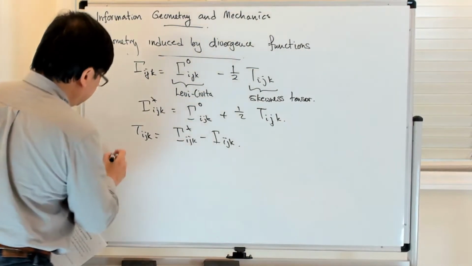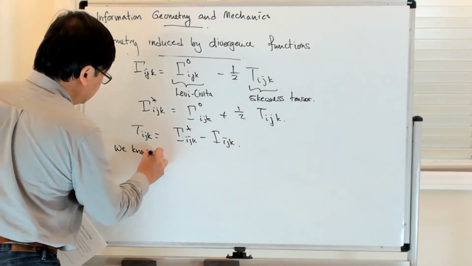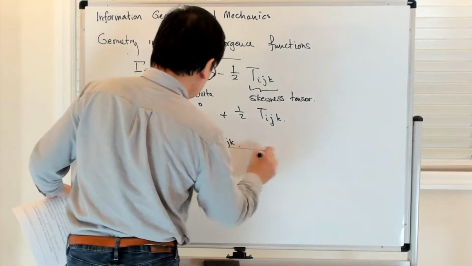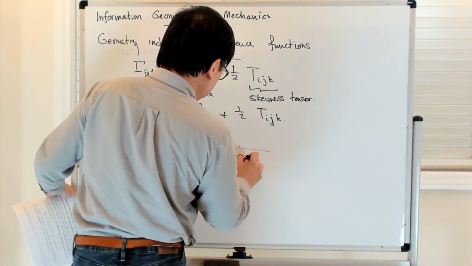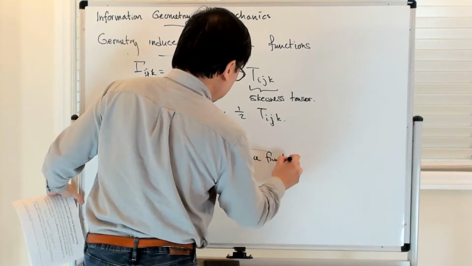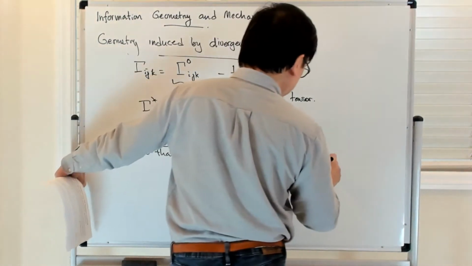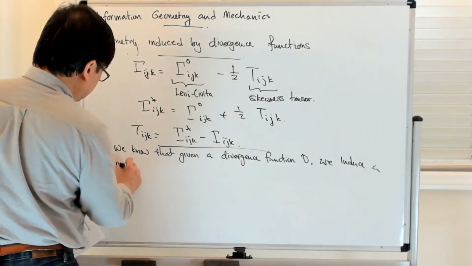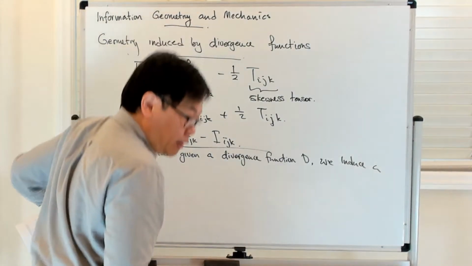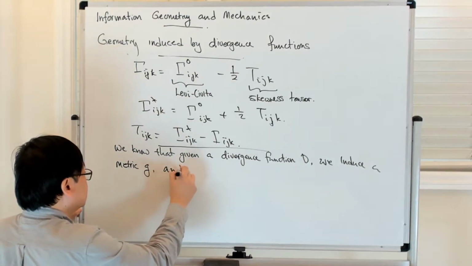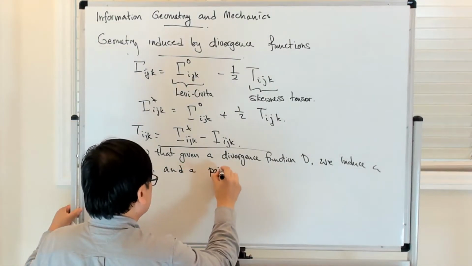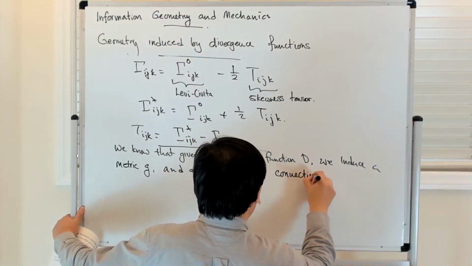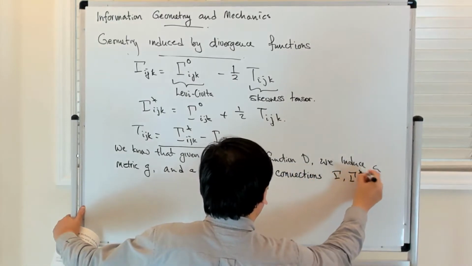So we know that given a divergence function D, we induce a metric G and a pair of dual connections, gamma and gamma star.